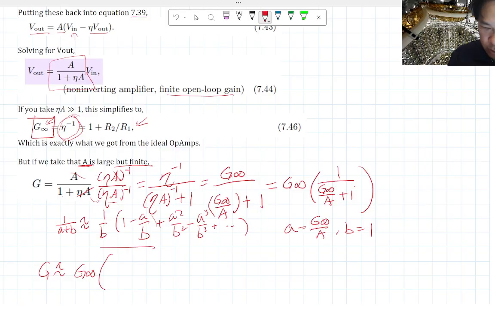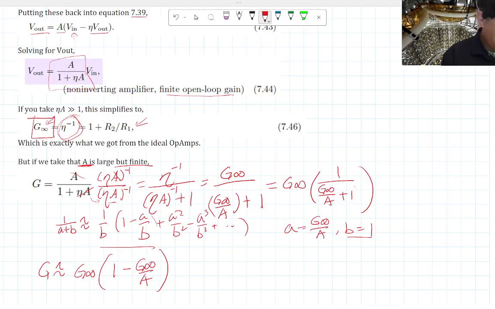Well, b is just 1. And then 1 minus a over b. So a is g infinity over A. Over that. Am I doing that right? That doesn't look right. Let's see. Okay, so yeah, that's right, actually.